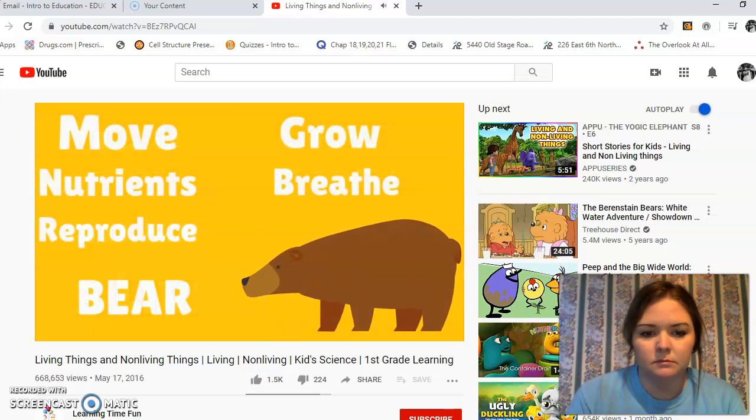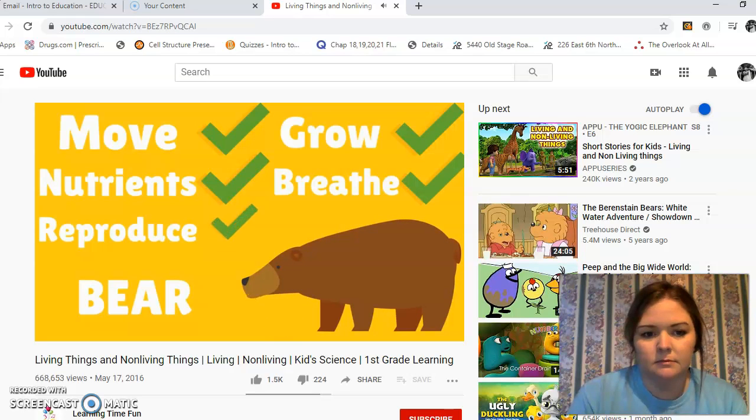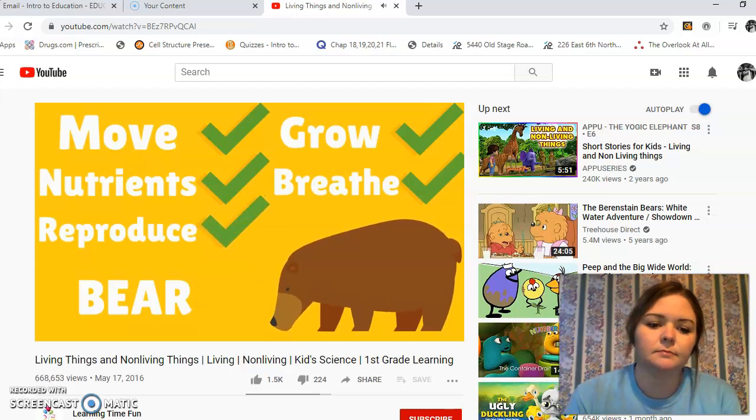Does a bear move? Yes. Does a bear grow? Yes. Does a bear need nutrients like food and water? Yes. Does a bear breathe? Yes. Does a bear reproduce? Yes. So is a bear living or non-living?